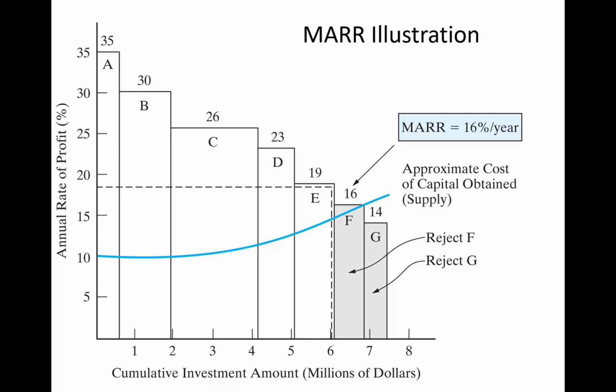And what I hope you'd be able to explain with this figure is how it illustrates when to accept and reject a project. And the decision criteria that this is illustrating is that if the rate of return is higher than the MARR, accept a project. But if the rate of return is equal to or less than the MARR, then you'd reject the project.